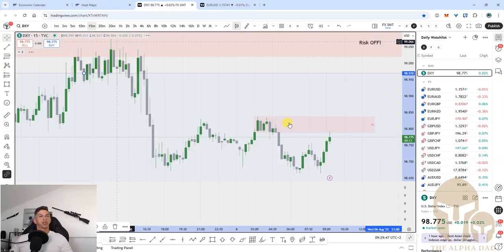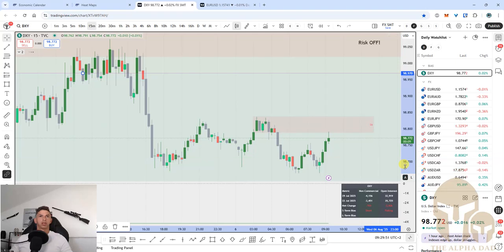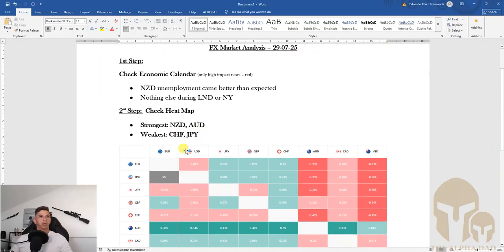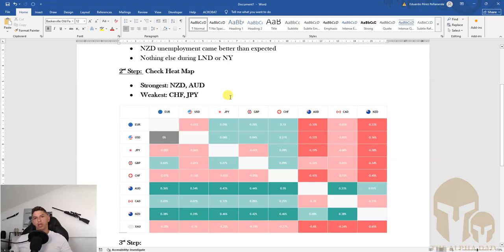Okay, considering we're expecting lower lows and lower highs, we are not gonna trade the dollar, because if we go to the heat map, dollar is mixed. So even if we are really bearish on the dollar, we need evidence that it's actually going to fall.